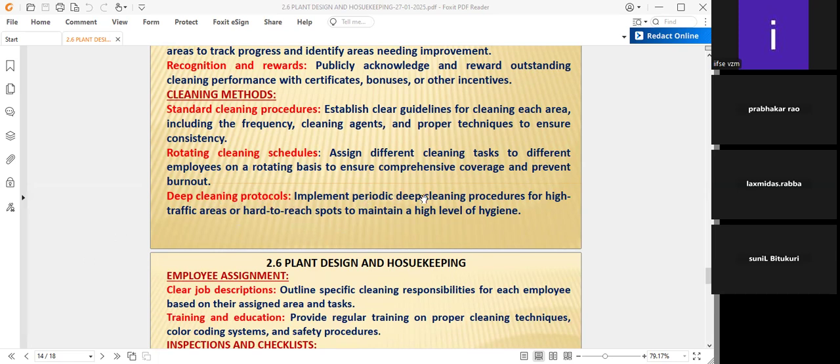Implement periodic deep cleaning procedures for high traffic areas and hard to reach spots, maintaining a high level of hygiene. Here, one of the areas is the disposal areas, where waste material should not be kept for a long time without removal. For example, biomedical waste will be removed from the industry within 48 hours.